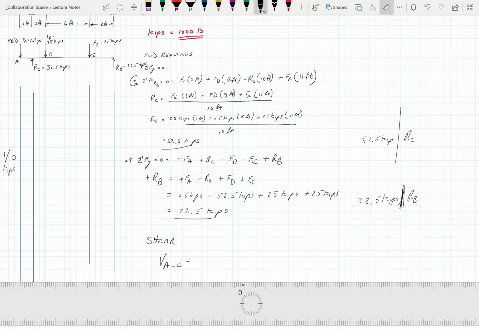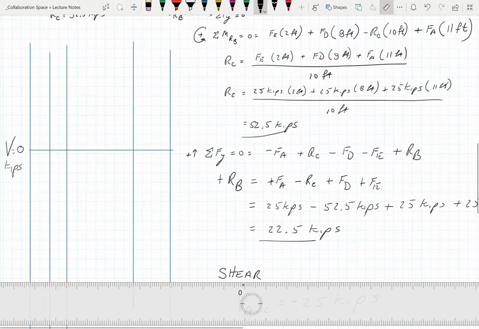So it's 25, and it's negative, okay? So literally on the diagram here, let's do it in purple. We're going down to, let's see, 5, 10, 15, 20, 25, minus 25, okay? So literally straight down.